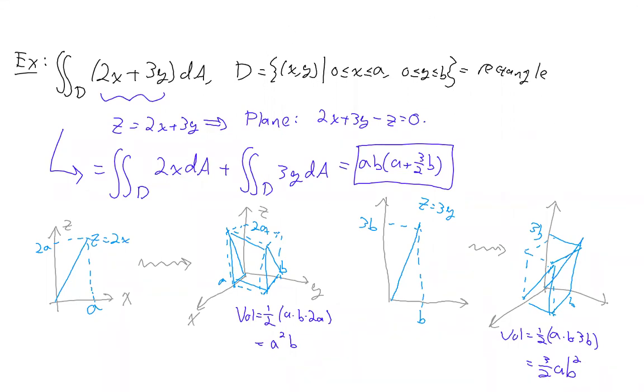So what if we want to do something a little different though? And this one's a little more significant. Should have maybe led with this one. What if we have the double integral over D of the function 2 plus x squared y cubed minus y squared sine x dA.